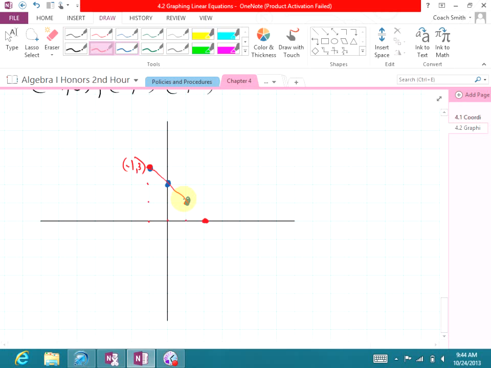So if I would have done a fourth point, that would have been it. This would have been 2, X value would have been 2. The Y value would have been 0, if we did the next point. So there's your line right there. That's your line. That's how you would have graphed it with those points that we were given.